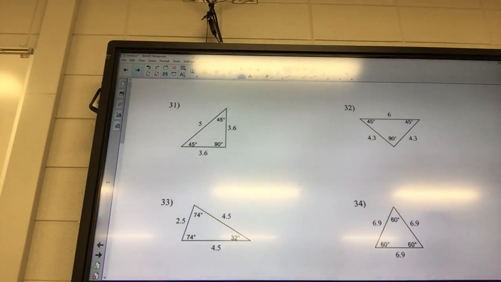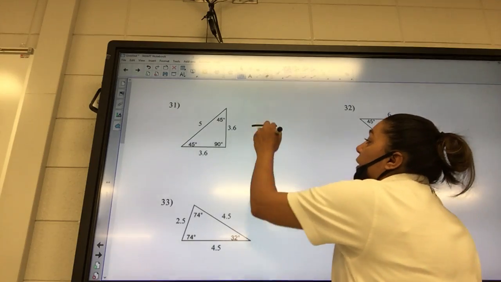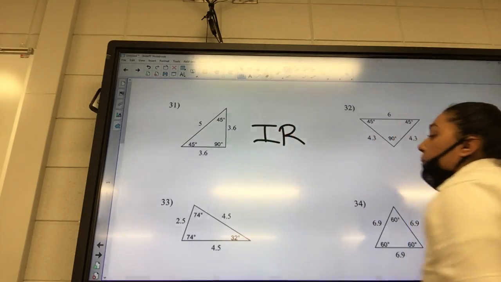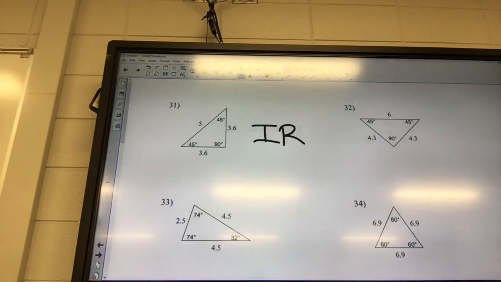Okay, 31, the sides are 5, 3.6, and 3.6. Isosceles. And then my angles are 45, 45, and 90. Right. Next, I got 2.5, 4.5, and 4.5.